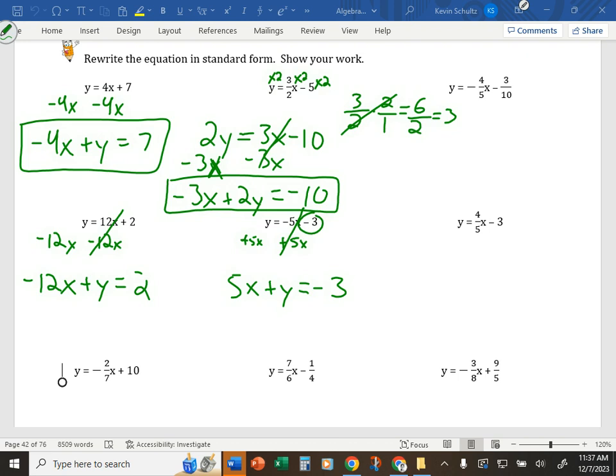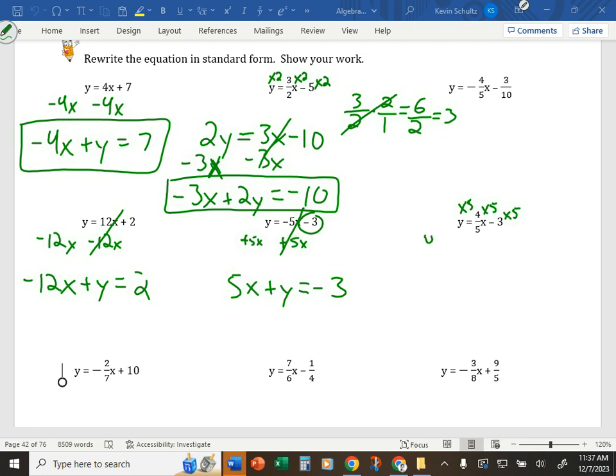It's 5. So what are we multiplying each term by? 5, right? Multiply y by 5, multiply 4/5 by 5, multiply negative 3 by 5. Everything gets multiplied by 5 because what we want to do, remember, is cancel out the fraction.